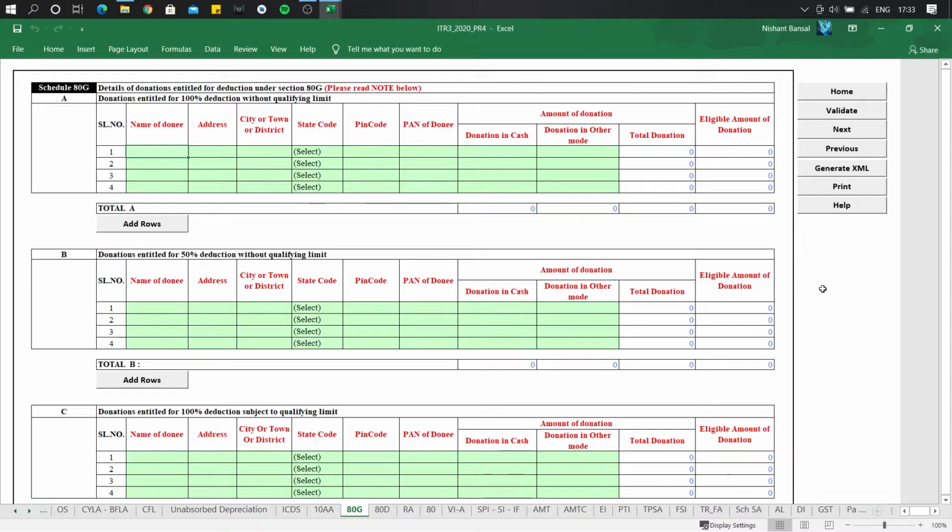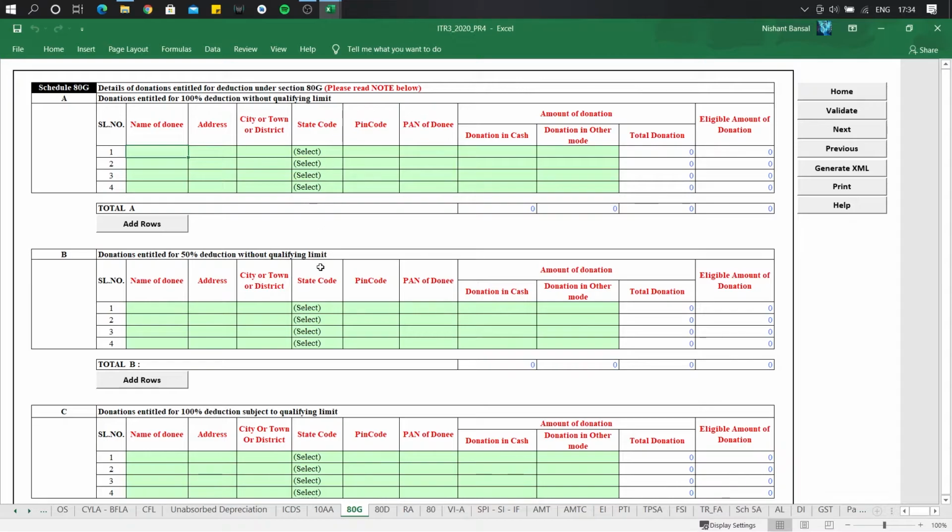So first things first, the most important thing under 80G which we need to identify is which slab the donation comes under. There are 4 slabs. First, donations entitled for 100% deduction without qualifying limit, and there is a comprehensive list of donations which come under this area.